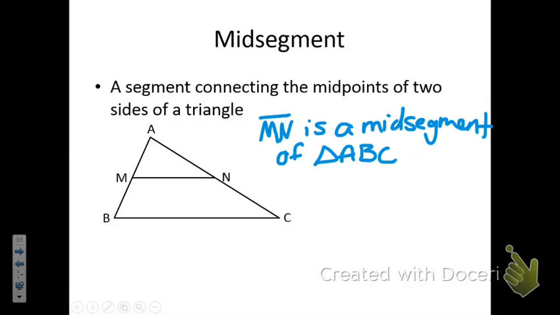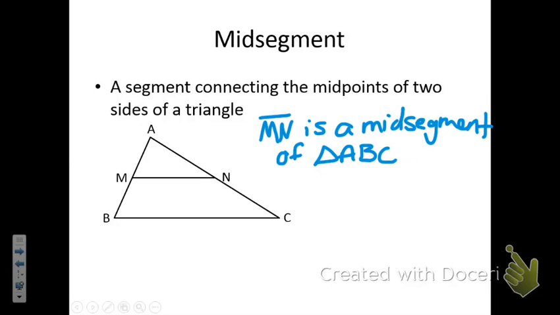So if it's a mid-segment, what do I know by definition here about points M and N? What does it say in the definition that a mid-segment does? Good, it connects two midpoints. So I know that M and N would have to be midpoints of their respective sides of the triangle.